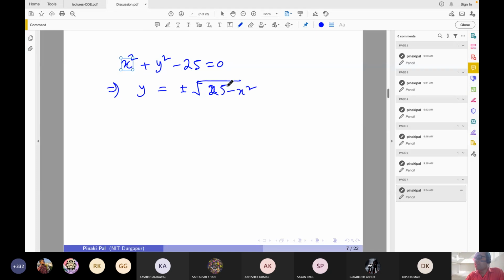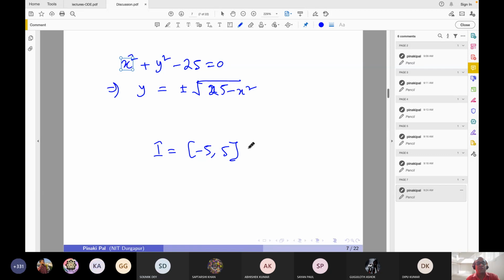Both of these functions will satisfy the differential equation, and these functions are defined within the closed interval minus 5 to 5. That means from the implicit relation we should be able to extract at least one explicit solution. In this case we are able to extract two explicit solutions.